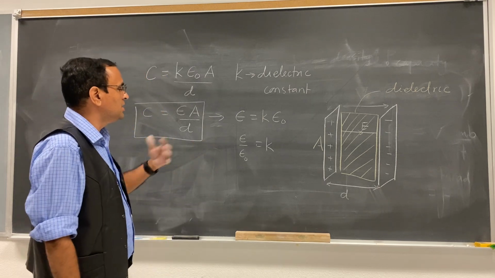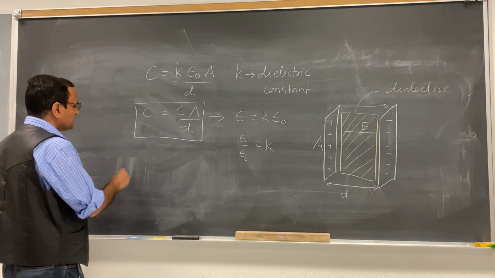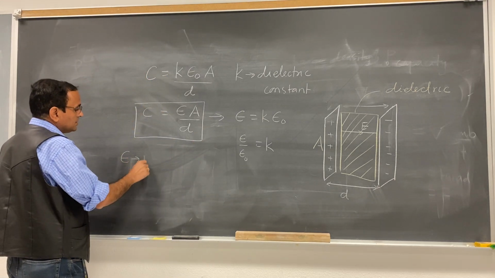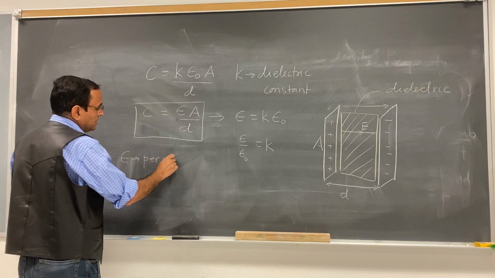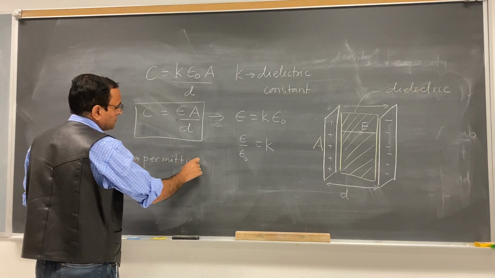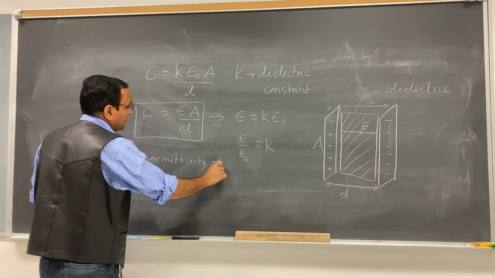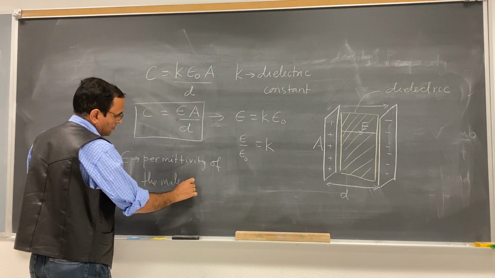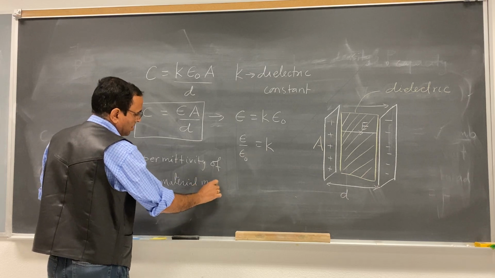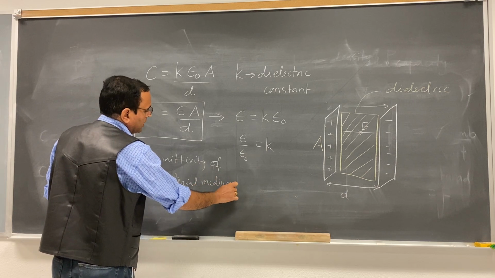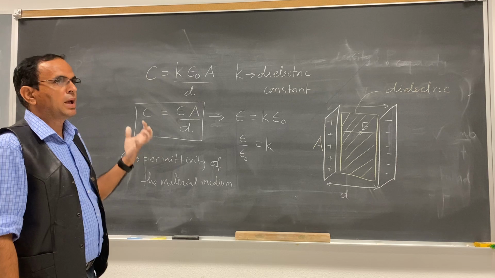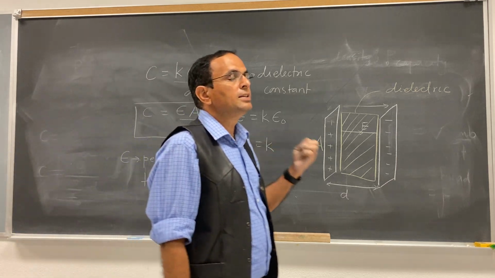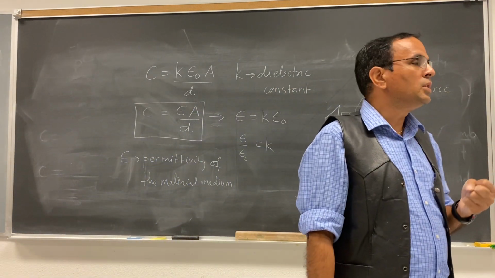Epsilon 0 is the permittivity of the free space. So this is the capacitance of the parallel plate capacitor if there is a medium in between the plates.